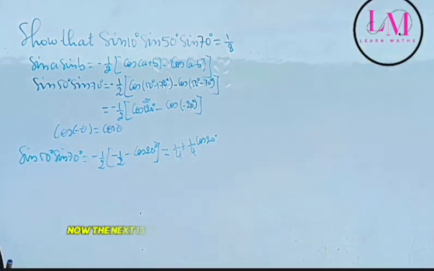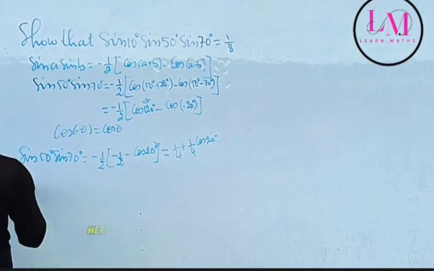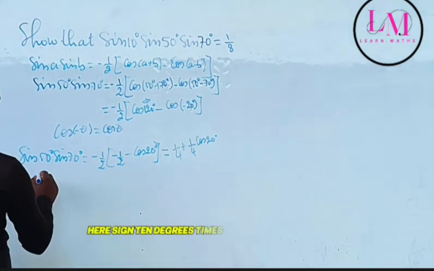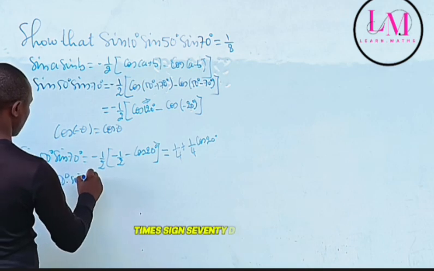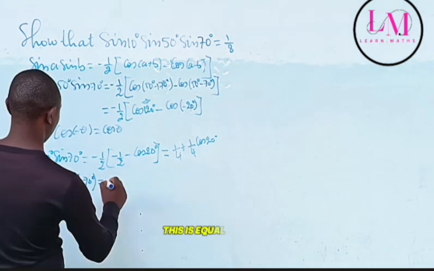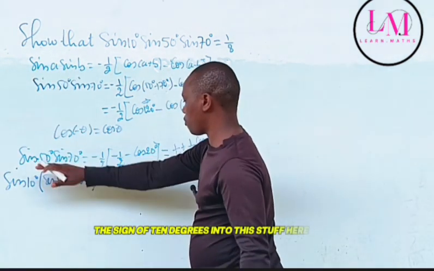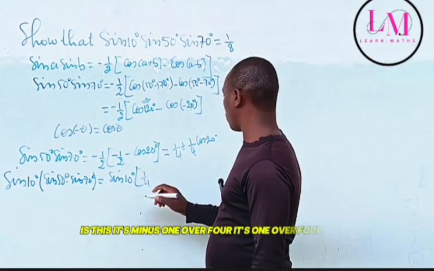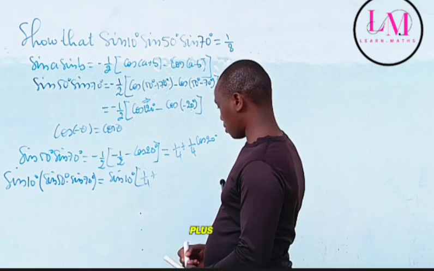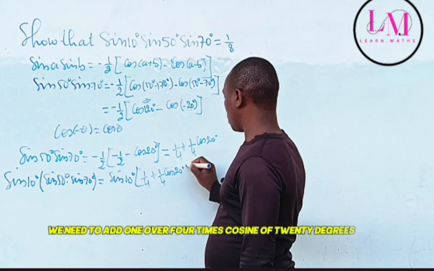Now the next step is we need to multiply by the sine of 10 degrees. Here sine 10 degrees times sine 50 degrees times sine 70 degrees is equal to the sine of 10 degrees into 1 over 4 plus 1 over 4 times cosine of 20 degrees.